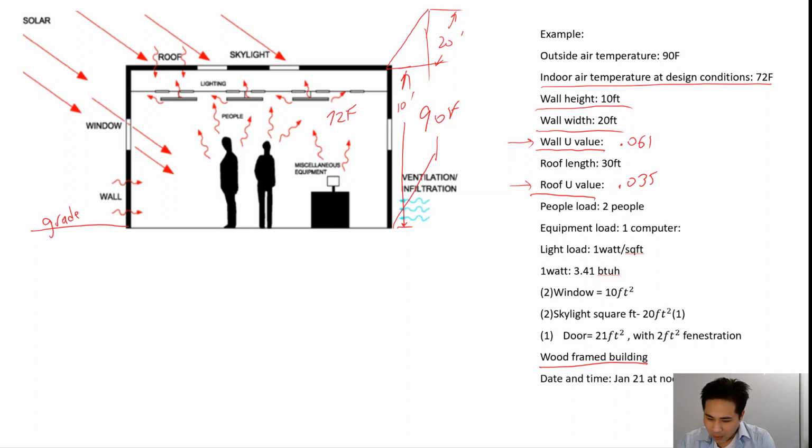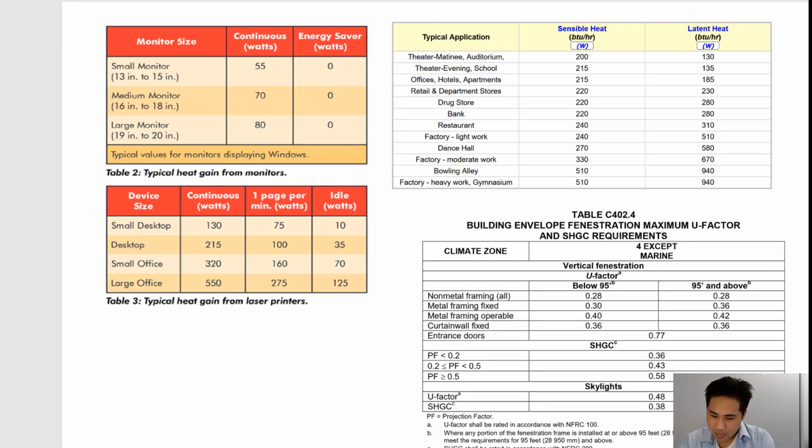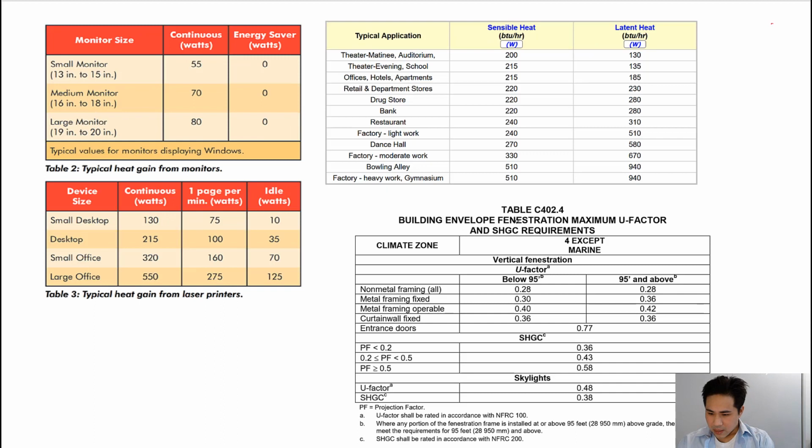Now we have a people load of 2 people. So we go into this table here. This is the table that we use to figure out how much heat is being generated by the person. On this column here, it's sensible heat. That's just the heat that the human is producing to raise the dry bulb temperature of the air.